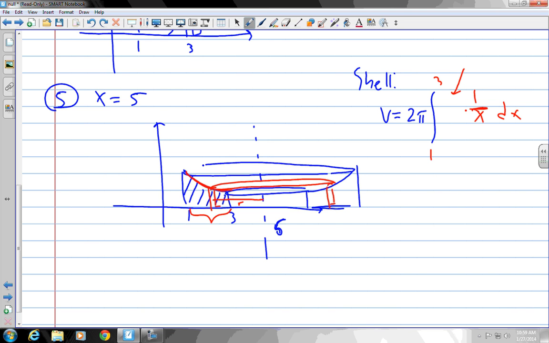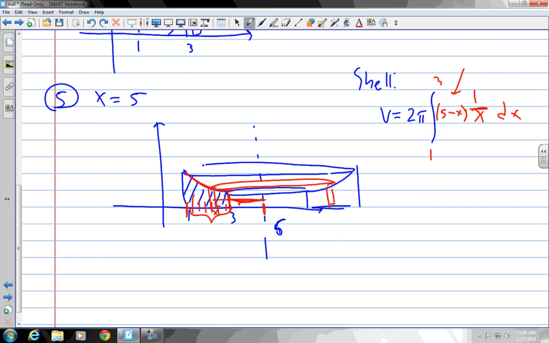So for any given x, it's the difference between 5 and whatever this x value is, right? For example, when you're at this point, from 3 to 5, the radius is 2. When you're at this point, the radius of the shell is 4. At any given point, it is whatever the difference from 5 to that x was. So the radius is 5 minus x, like that.